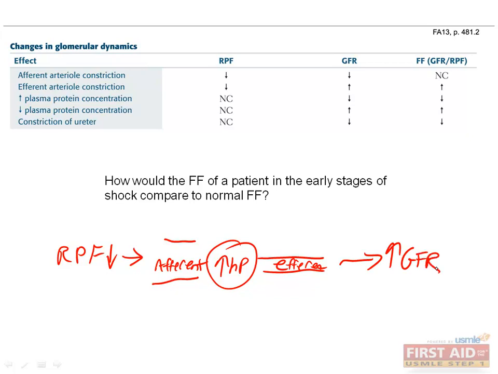Since RPF is decreased, but GFR is increased, the filtration fraction will be higher than normal in the patient with shock. Great! Now let's finish up these calculation-heavy topics with a brief mention of reabsorption and secretion rates.